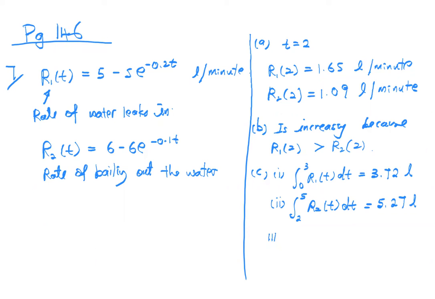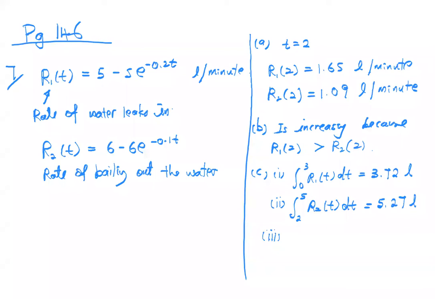And number 2, the amount of water bailed out from t equal to 2 to t equal to 5, that is within these 3 minutes, is 5.27 liters.